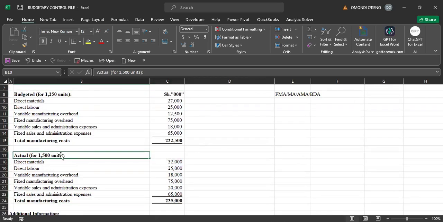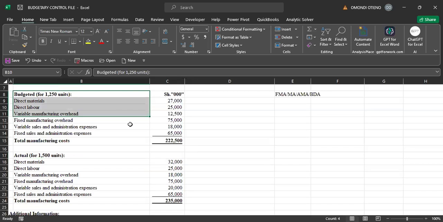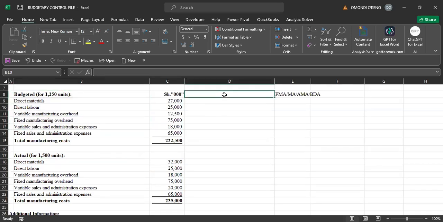So our units must be matched to be equal. We cannot have a difference in units and then compare the cost. I'm trying to say we cannot compare 1,250 units and 1,500 units. We must adjust them to be equal. That process of adjusting our actual production and budgeted production is what we call flexing of budget. And of course, the result is what we call the flexed budget.